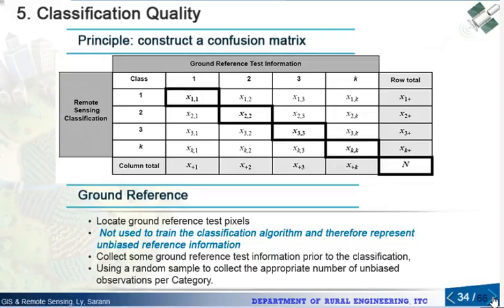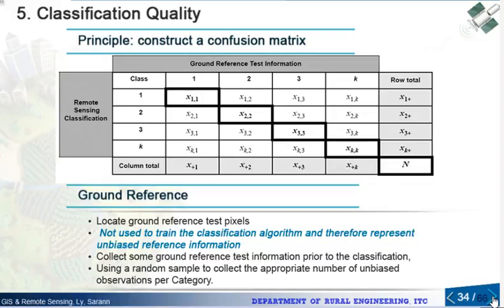The ideal situation is to locate the ground reference test pixel or polygon, if the classification is based on human visual interpretation, in the study area. These sites are not used to train the classification algorithm and therefore represent unbiased reference information.